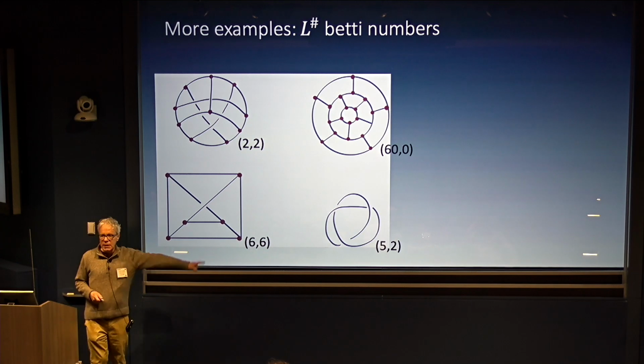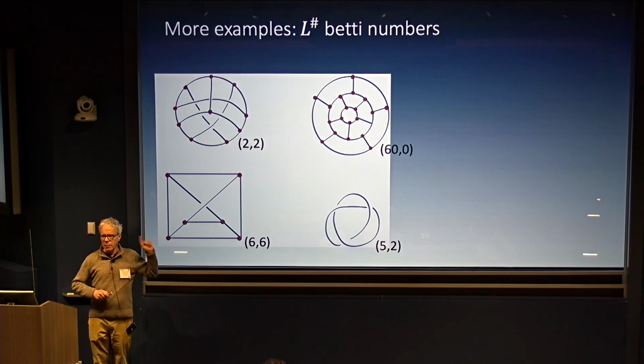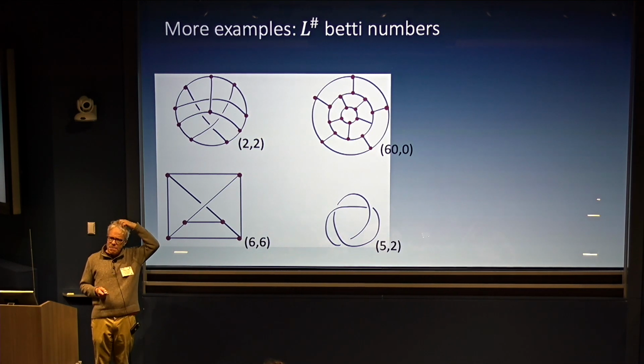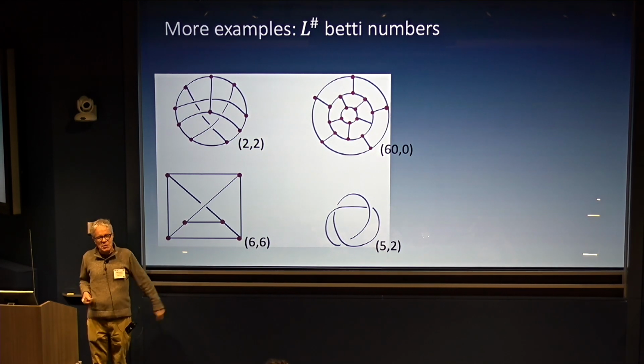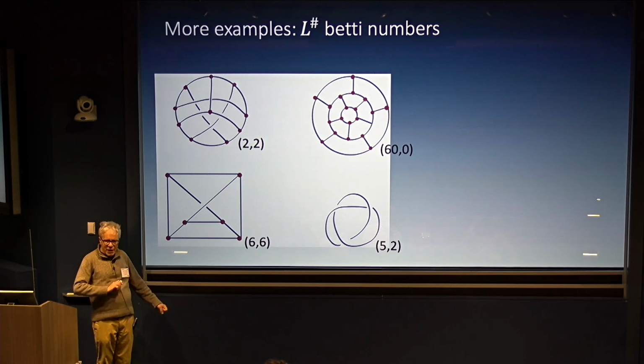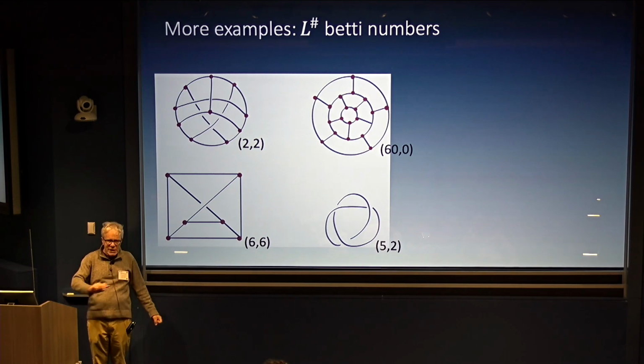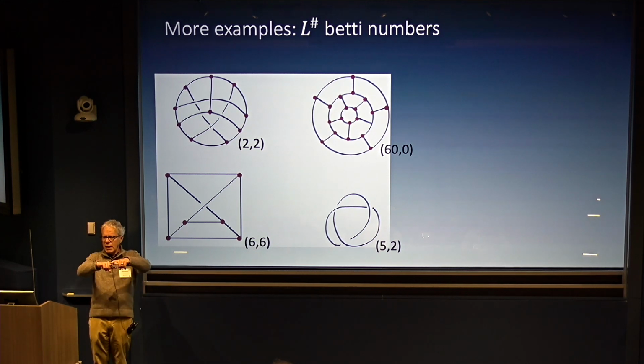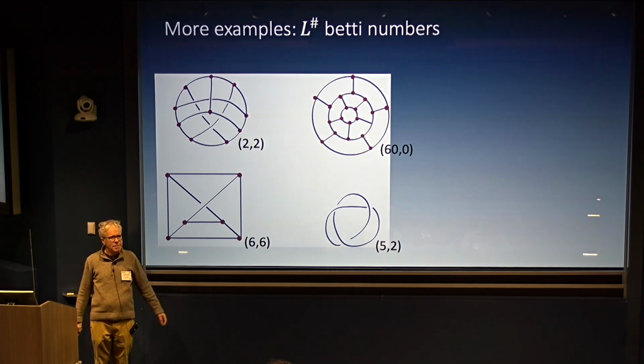That last one is particularly significant because it contradicts something which Tom and I believed, largely because of my mistake, for about 30 years. We believed that when we finally wrote down a paper with the details of L-sharp, it would be clear that L-sharp did not change if you changed an overcrossing to an undercrossing or vice versa.